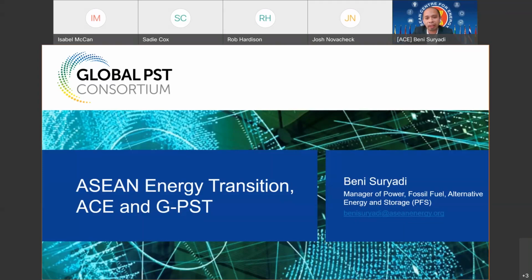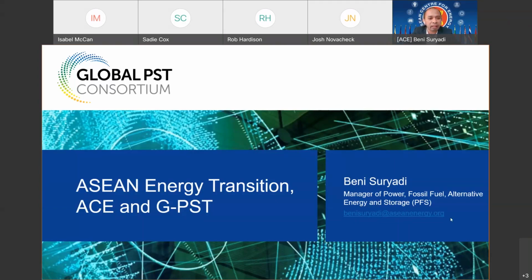However, we also learned that many participants are coming from research and educational institutions, government, business, and other stakeholders, with whom we are very keen to collaborate under this consortium to accelerate the clean energy transition in the region.